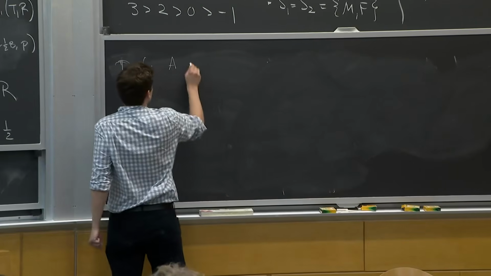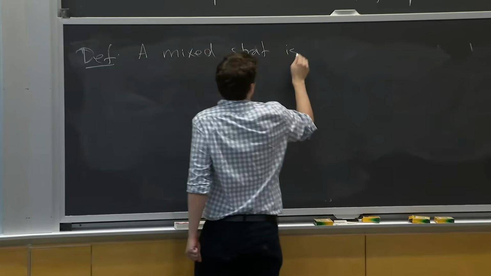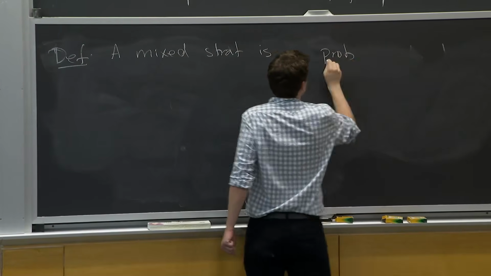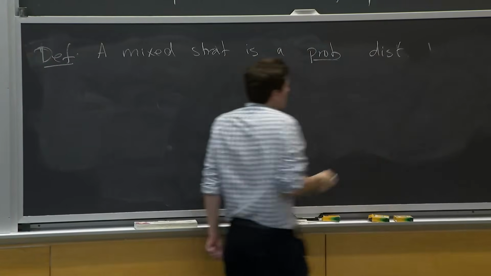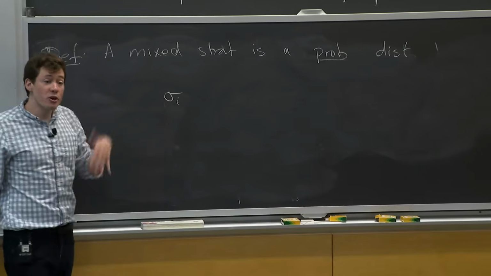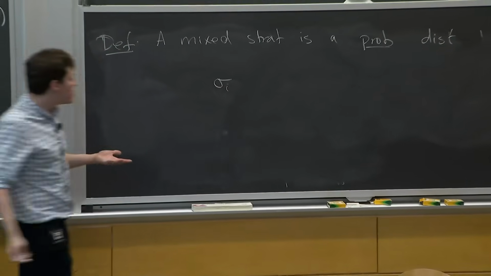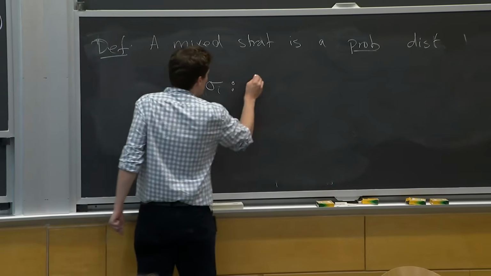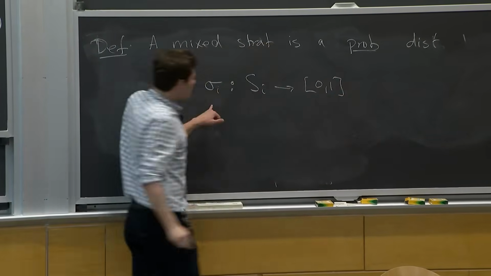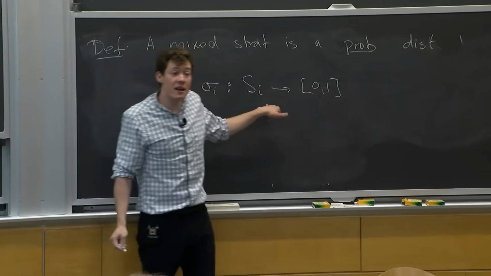So a mixed strategy for player I is a function or is a probability distribution. We often use the notation sigma I. So we use SI for a pure strategy, and sigma I, it's like the Greek version of S. We use that for a mixed strategy. Well, now it's going to be a function from SI to 0, 1 that says, for each possible strategy, what is the probability that I play that strategy?